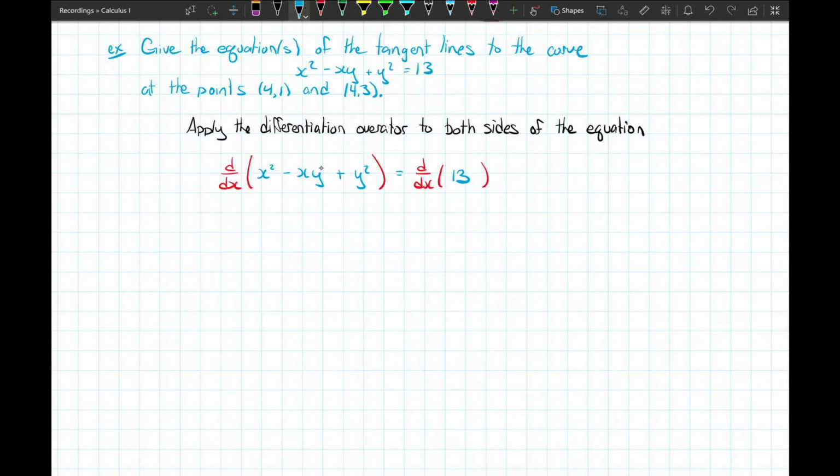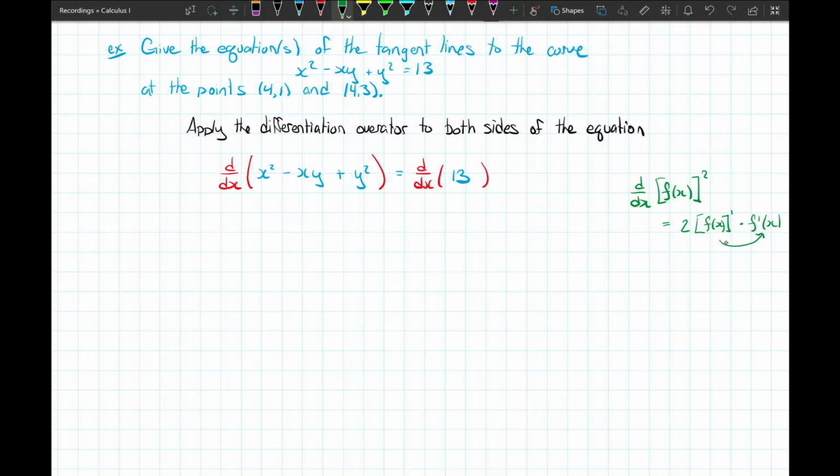Whenever we're reaching y, well, y is some implied function of x. And anytime we are differentiating a function of x to a power, we need the power rule and chain rule. So, for instance, if we were looking at the derivative of a function f of x all squared, our chain rule would say that this is really just 2 times that function of x to the power 1, multiplied by the derivative of the function.